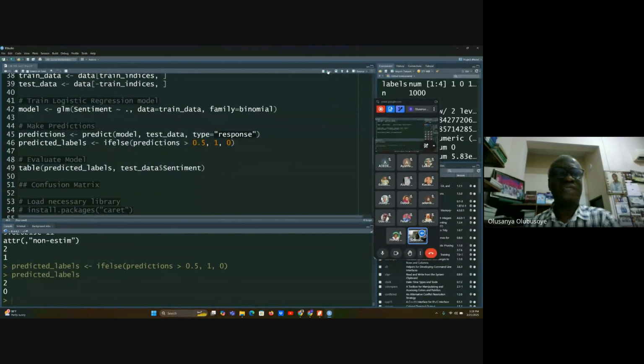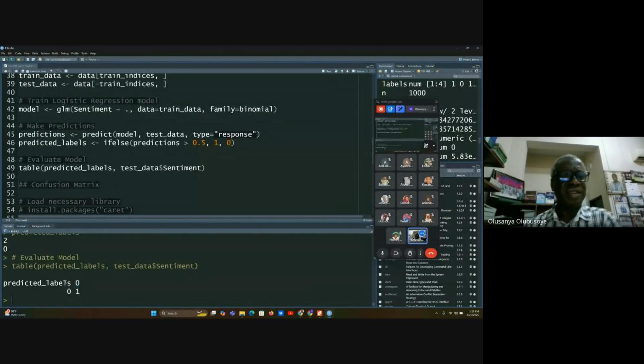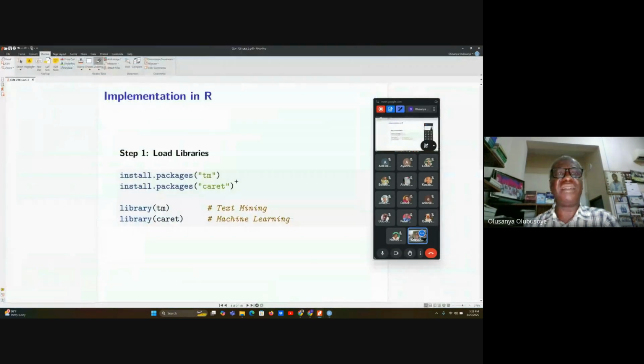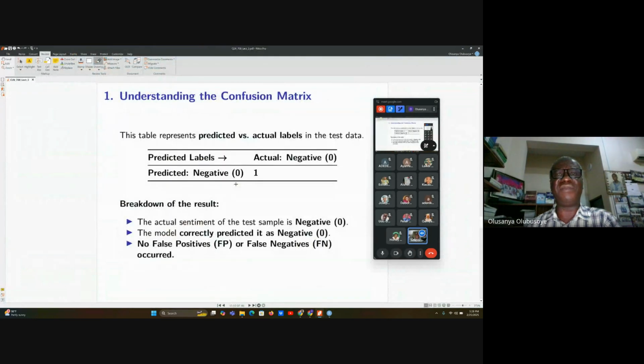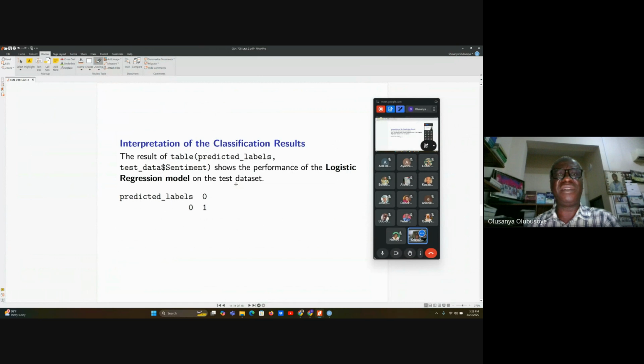If we run that, the predicted is 0, and the actual also is 0. That's what this table is, and I explained here. If you run down to this place, this is the result that you see there.